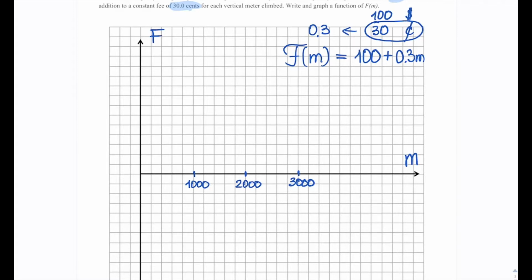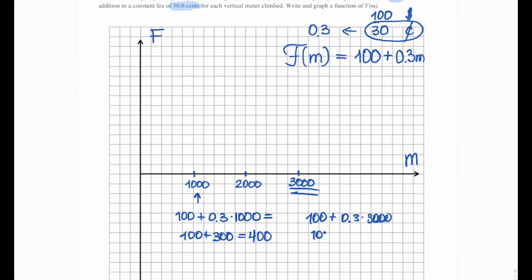Well then, how much will the charge be at this point? 100 plus 0.3 times 1,000. That's going to be 300. So that's 100 plus 300, which is 400. So how much will it be for 3,000? 100 plus 0.3 times 3,000.